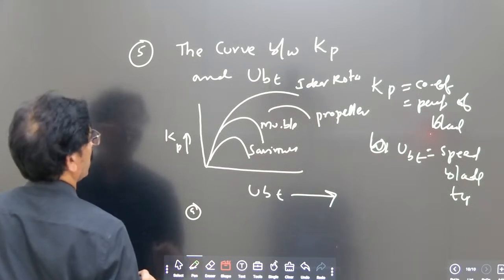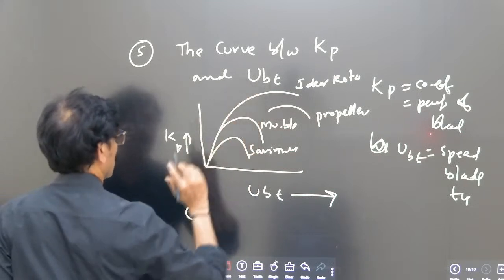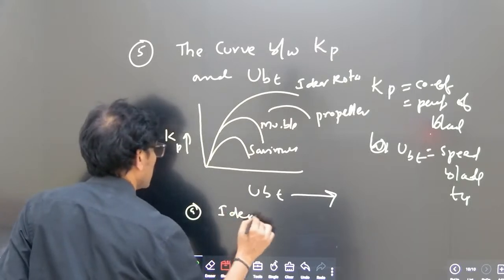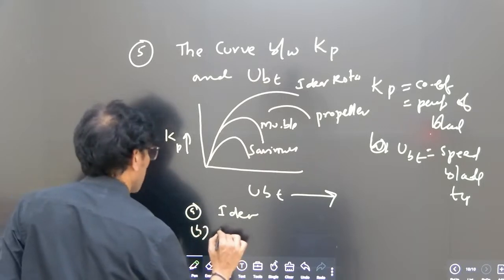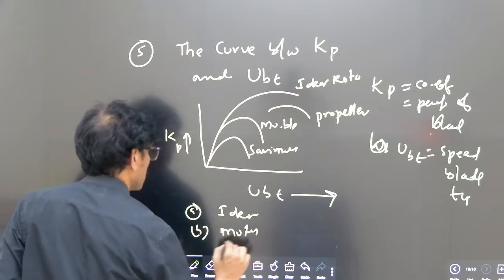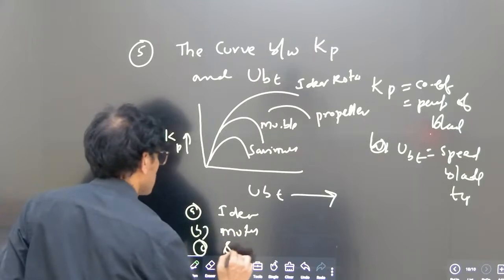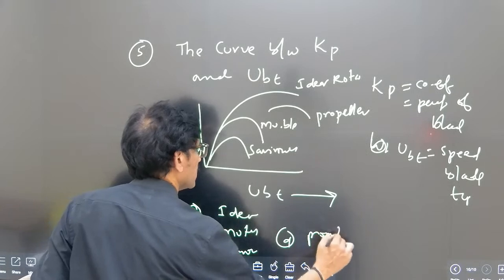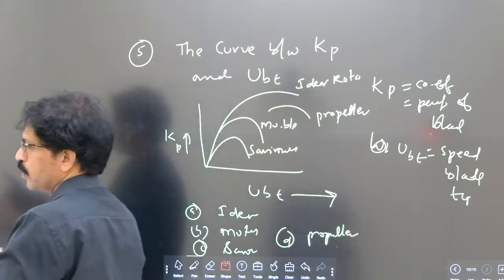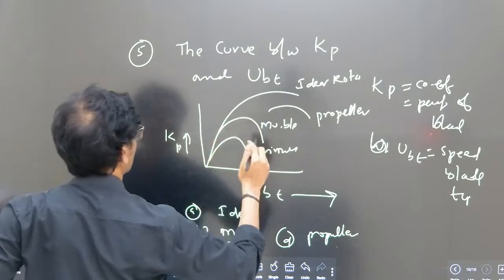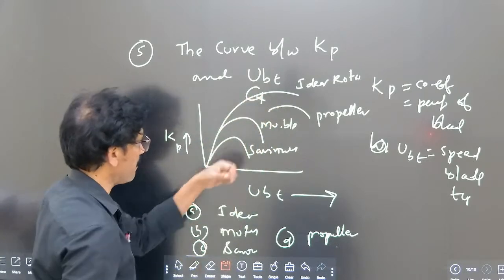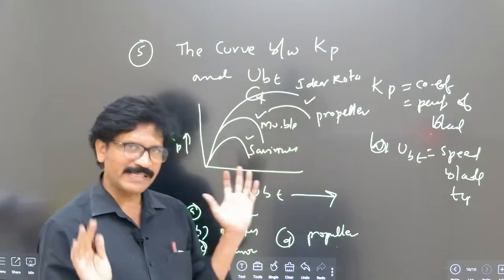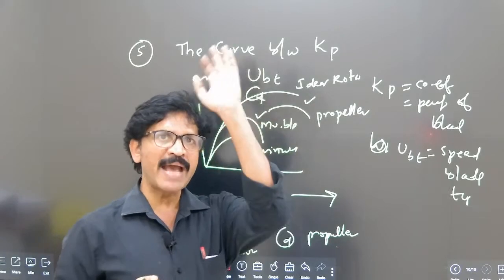The curve between KP and UBT, which is the best? Either A ideal, B multi, C single blade, and D propeller. Ideal rotor in the sense it is only imaginary, we don't want to select this one. The comparison is only between this one and this one. So in the curve, ideal is only imaginary.